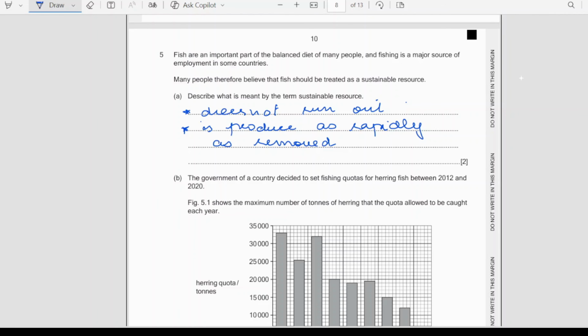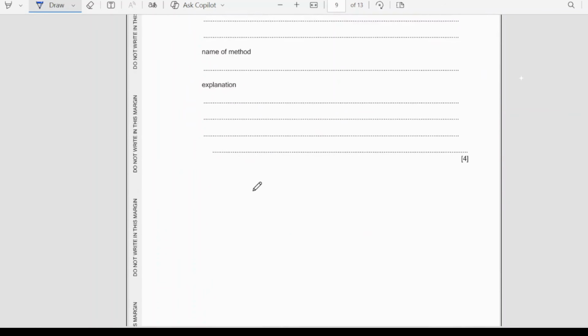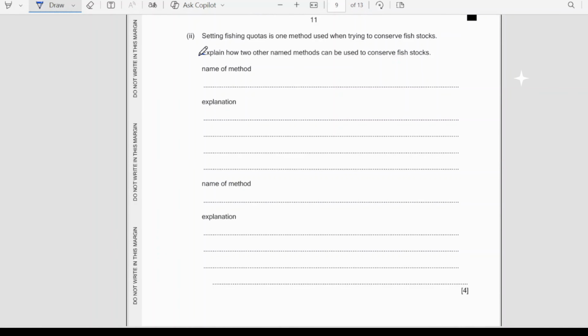That is a closed season basically. Closed season means in the breeding season it's not allowed. Then as you have told, only certain areas are allowed for fishing, not all the areas. A certain size of net would be chosen, and education is important, and the fifth one is to monitor whether these laws or the quotas are applied or implemented or not. Because these are the points where you have to tell how we can conserve it, so you have to give any two methods.